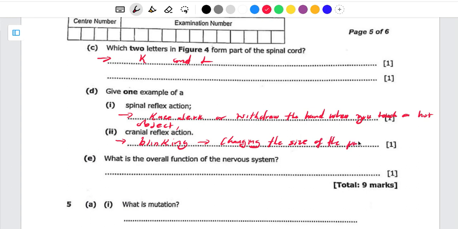What it means here is this: once you are exposed to high light intensity, the pupil is going to reduce in size, because the circular muscles of the iris are going to contract, whilst the longitudinal muscles are going to relax in order to reduce the pupil. This is very important in that it prevents damage to the cells in the cornea. Even from this one, you can just choose one.